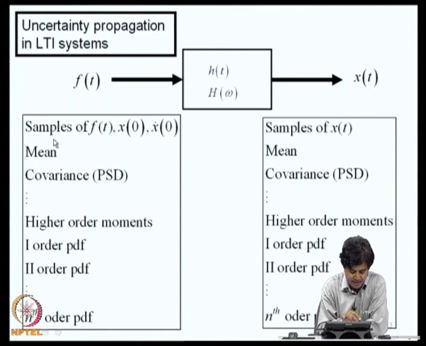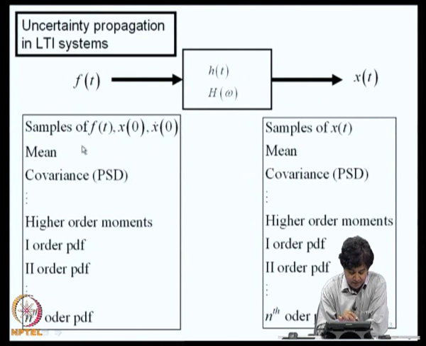So, if we are given samples of f of t and the initial conditions, the problem of uncertainty propagation consists of finding corresponding samples of x of t. This would mean that we may have to solve a family of deterministic problems. Each of these problems corresponds to one realization of f of t to produce one realization of x of t.